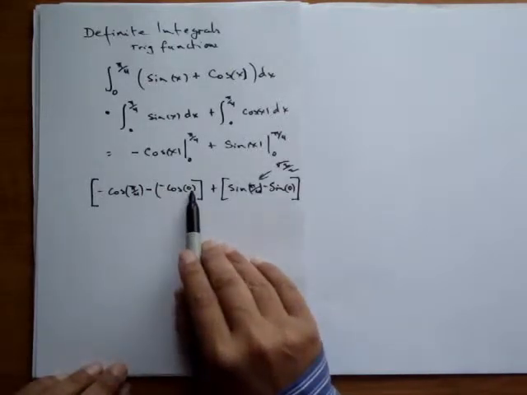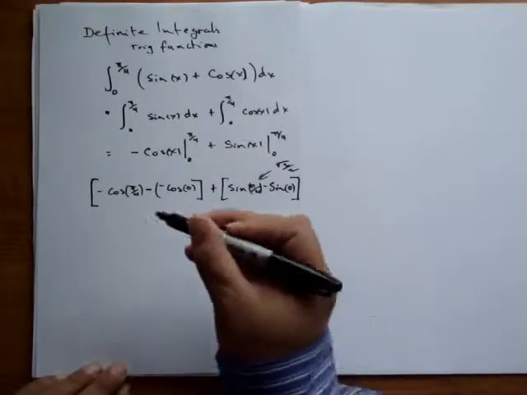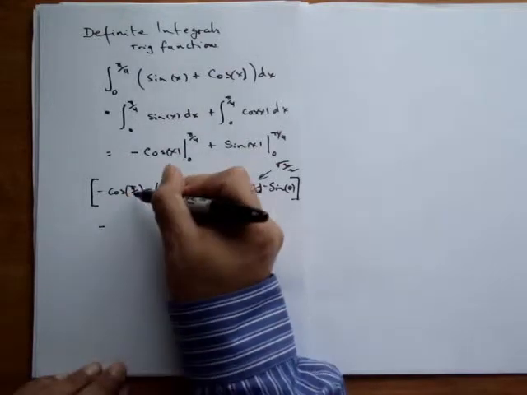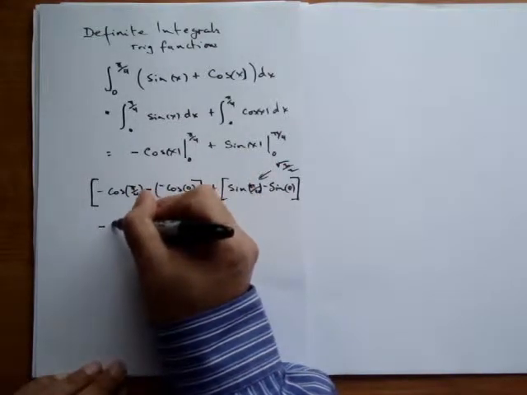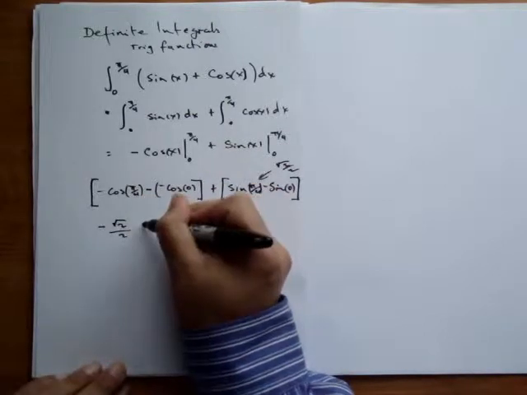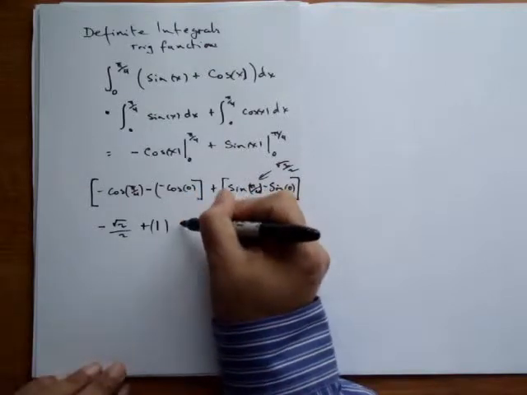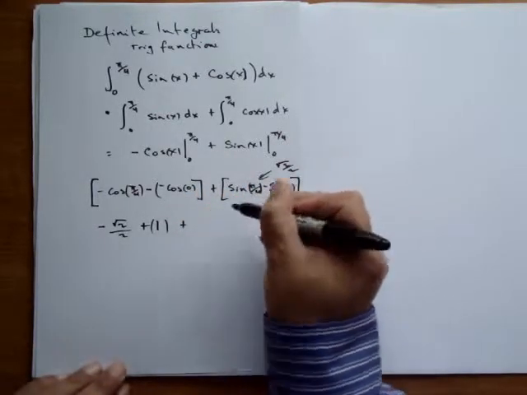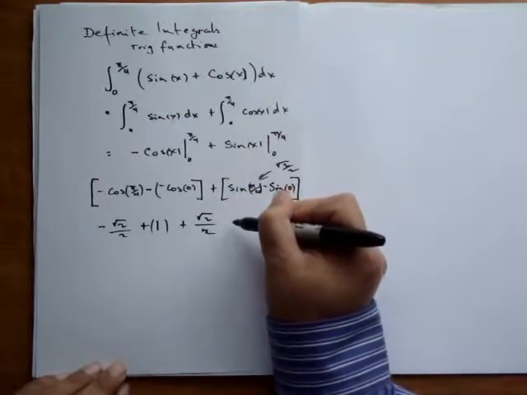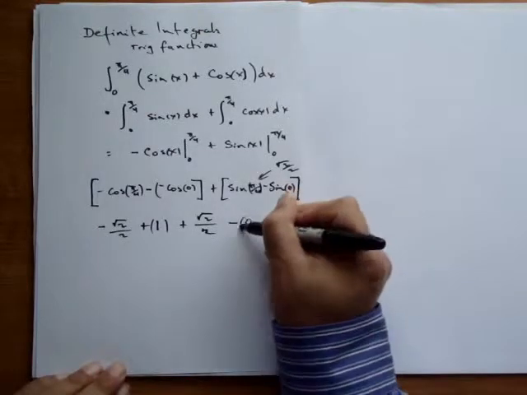Cos of 0 is 1, minus a minus is plus, so just bearing that in mind we get this minus cos pi over 4 is square root of 2 over 2, then this minus minus becomes a plus, cos of 0 is 1, and then we have plus, again square root of 2 over 2, and then minus sine of 0 is 0.